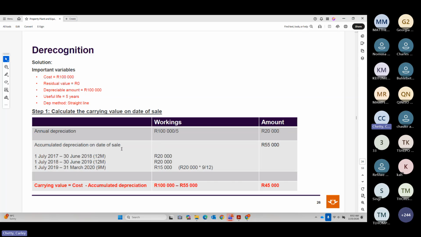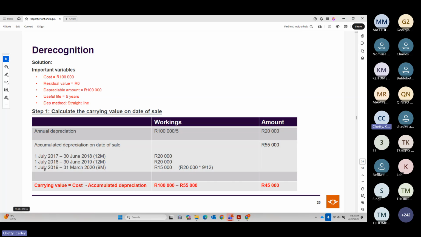Then how many years are we depreciating this asset for? We're depreciating this asset for 2 full years and then the last 9 months. From 1 July 2017 to 30 June 2018, which is 12 months, the depreciation was 20,000. For the following year, from 1 July 2018 to 30 June 2019, we depreciated this asset for another 12 months.